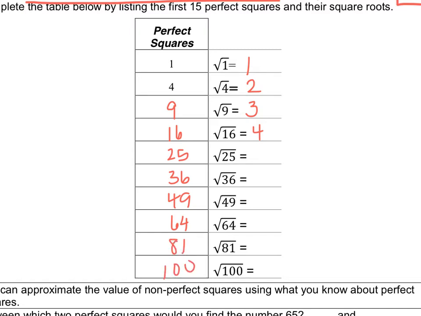Because 5 times 5 is 25, the square root of 25 is 5. Because 6 times 6 is 36, the square root of 36 is 6. 7 times 7 is 49, 8 times 8 is 64, 9 times 9 is 81, and 10 times 10 is 100. So there is our list of the first 10 perfect squares.